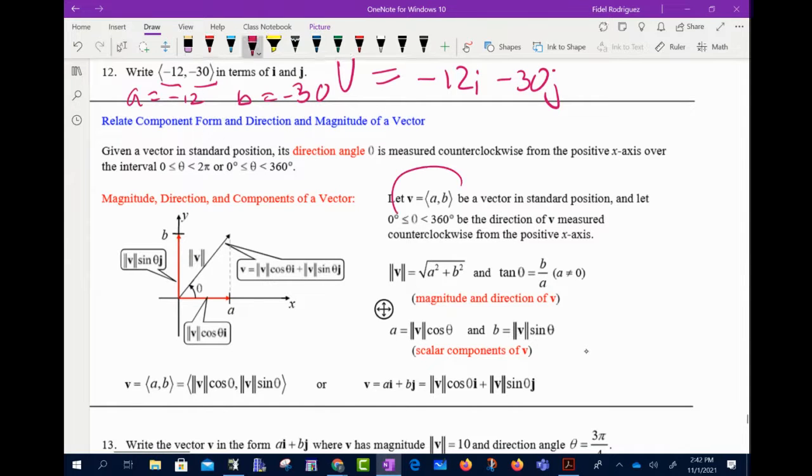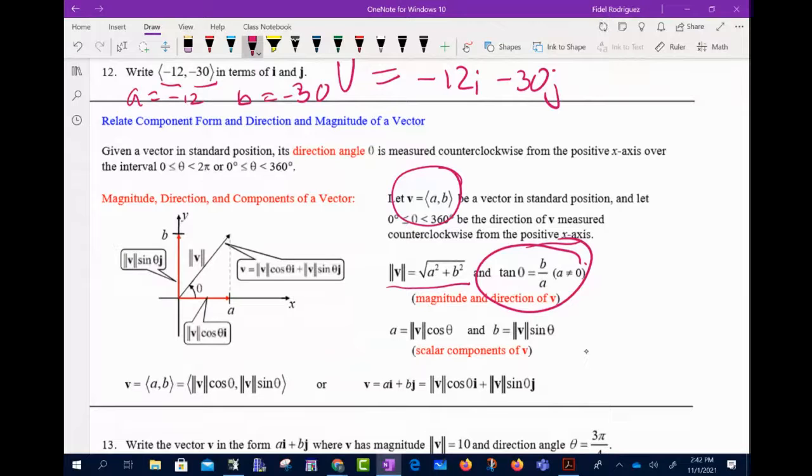Let v be a vector in standard position, and let theta be between 0 and 360 in the direction of v, measured counterclockwise from the positive x-axis. So the magnitude of v is the square root of a squared plus b squared. Tangent of my angle is equal to b over a. Again, we've talked about some of these things before, right? We're seeing some of the same ideas repeat themselves here.